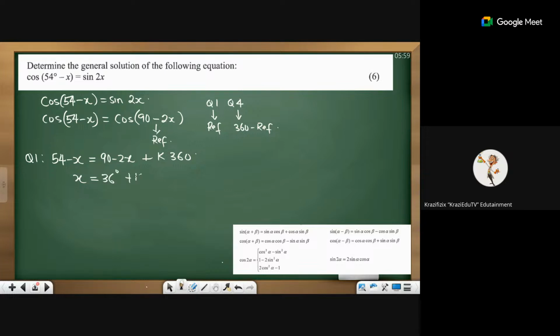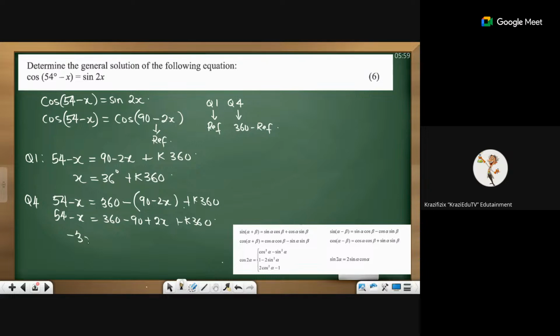Come back to the same answer. 54 minus x will be what? 360 minus, please, once you have more than one term, use brackets. 54 minus x equals 360 minus (90 minus 2x). I move the negative 2x, I'll have negative 3x. Now I'll have 360 minus 90, which would give me 270.